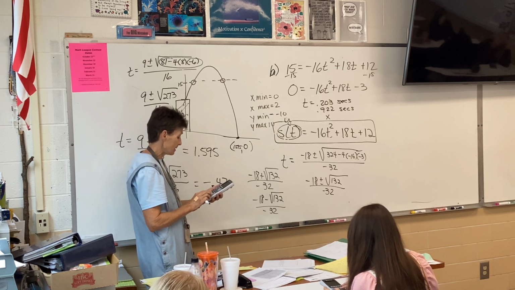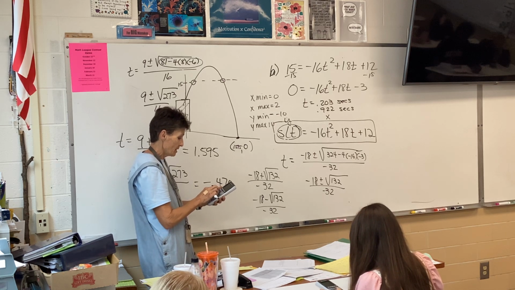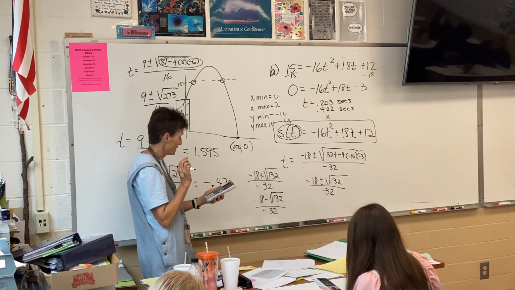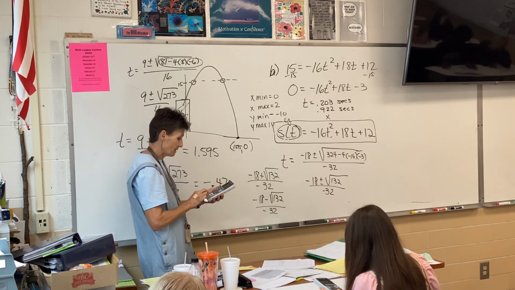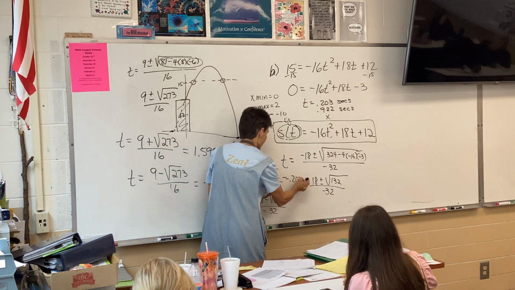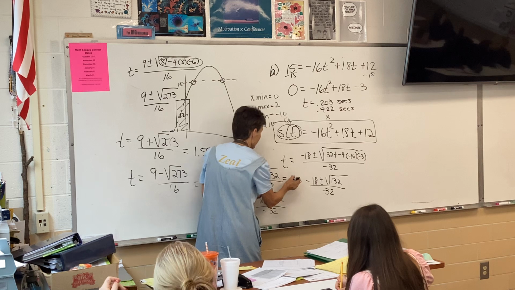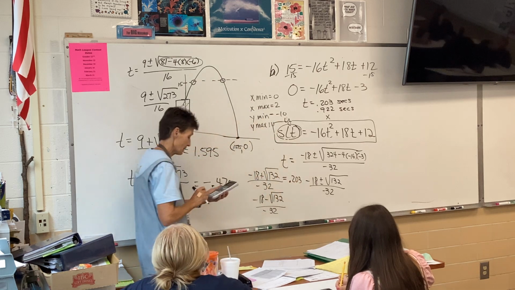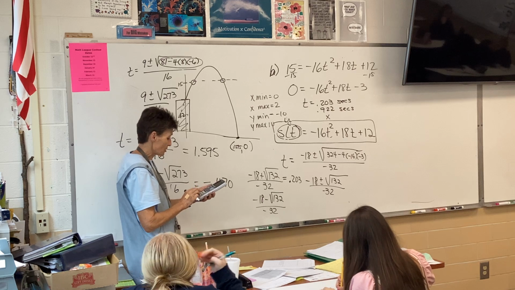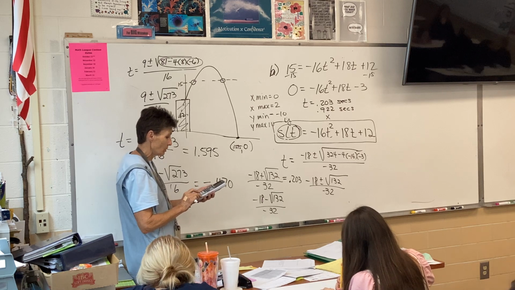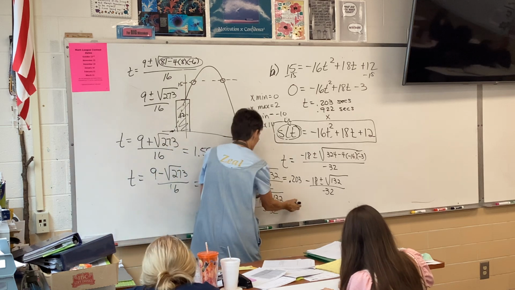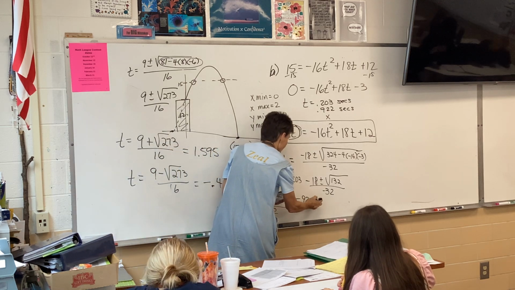Negative 18 plus square root 132 equals, divided by negative 32, is 0.203. Looky there. Negative 18 minus the square root of 132 equals, divided by negative 32, negative 0.922.